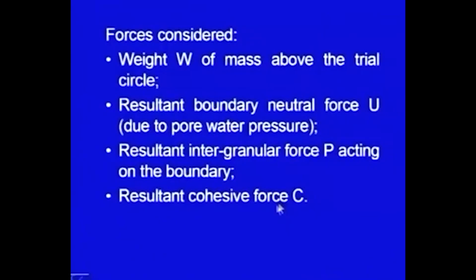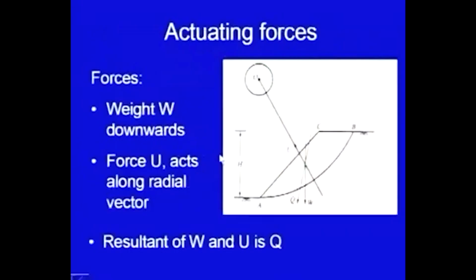So, we are treating these forces separately. Cohesion we are taking separately, and the intergranular force, friction and the reaction, we will be taking combinedly. Let us discuss these forces one by one.